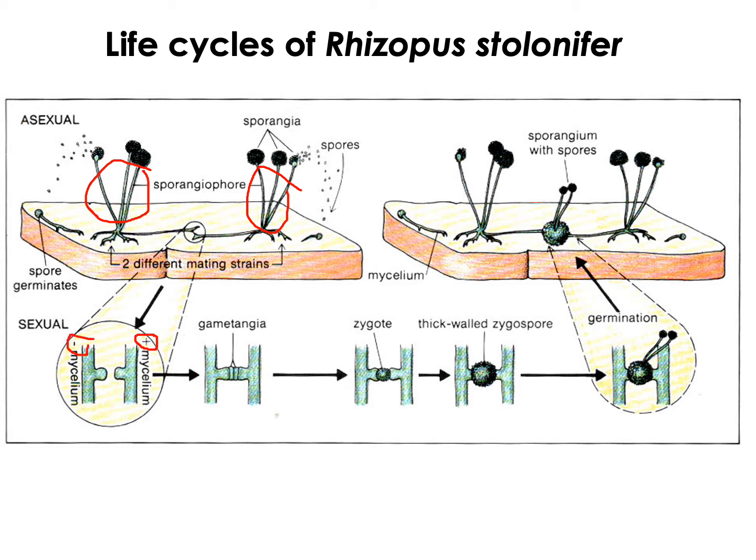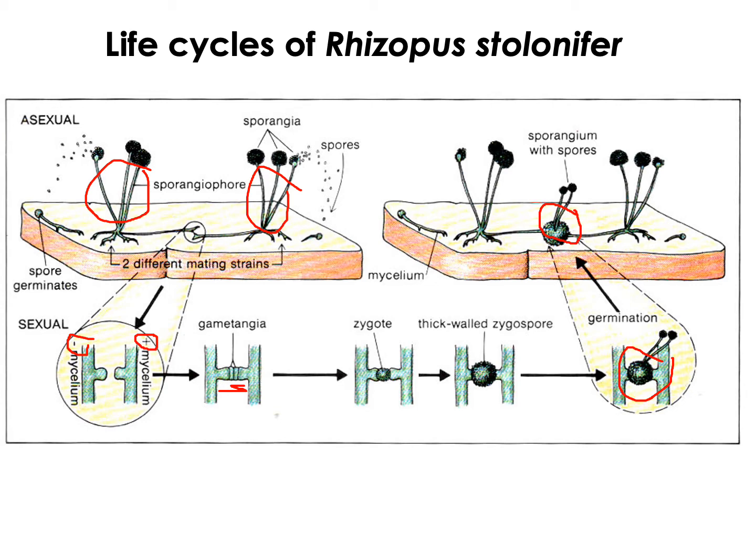They are chemically attracted to one another and they grow towards each other until they touch. Next, it will become the zygote, then a thick-walled zygote, and then it will germinate. Germination produces a sporangium with spores. So this is the overall general life cycle of Rhizopus stolonifer.